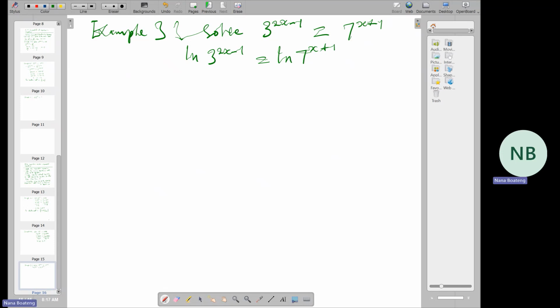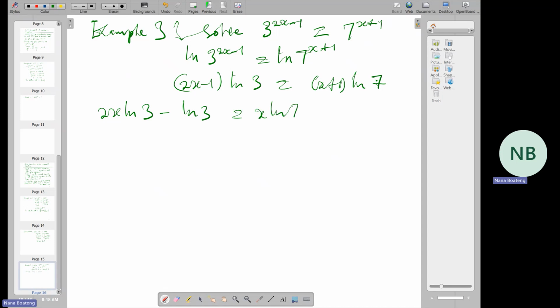And so this becomes 2x minus 1 times the natural log of 3, which equals x plus 1 times the natural log of 7. Okay, so we can expand from here. So we have 2x natural log of 3 minus natural log of 3 is equal to x natural log of 7 plus natural log of 7. And so we can group the terms with the x on one side.